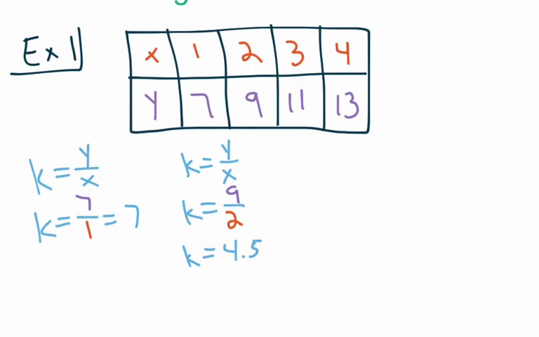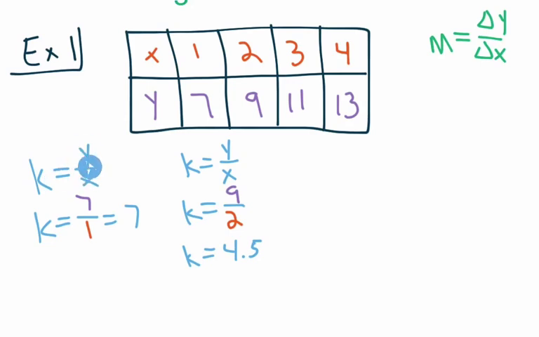Now, with that being said, this table can still represent a linear relationship if it has a constant rate of change. If we remember back to lesson 3.2, from a table, we have m is equal to delta y over delta x. This formula is different than what we have here.